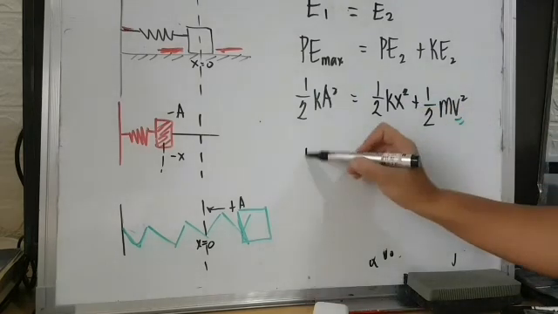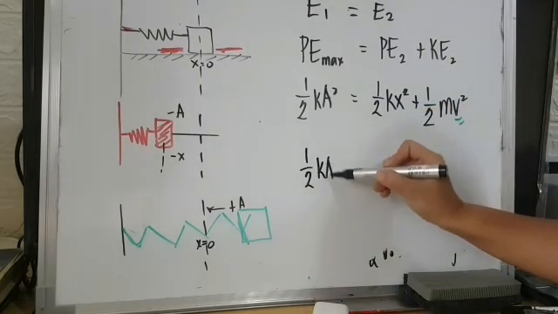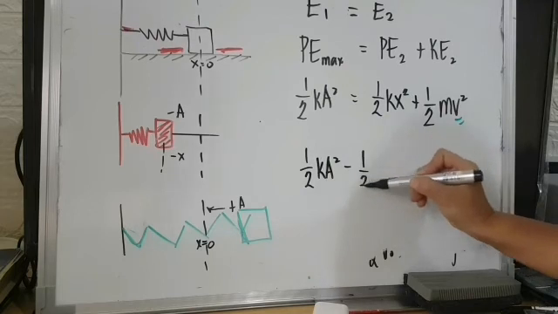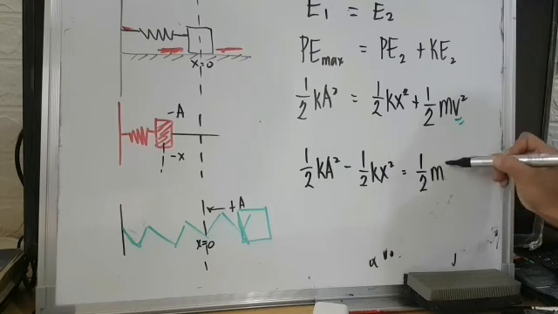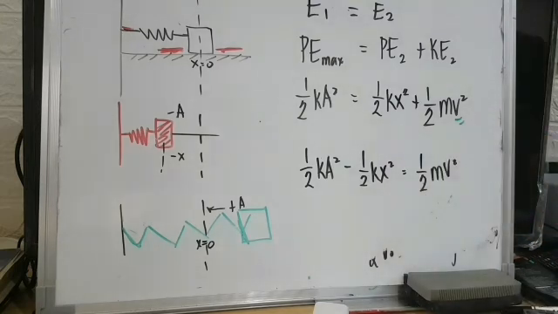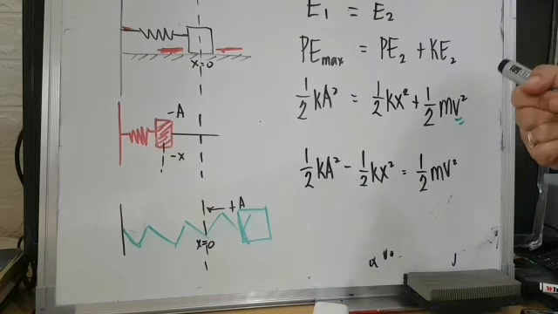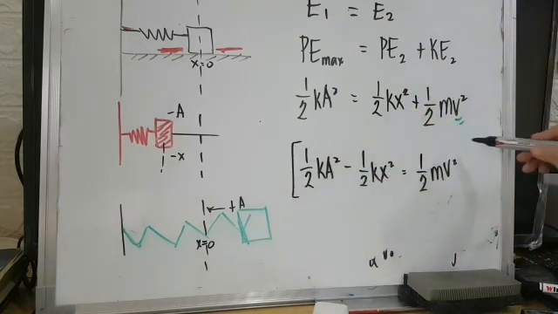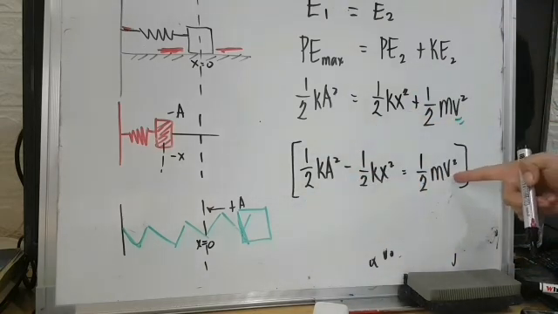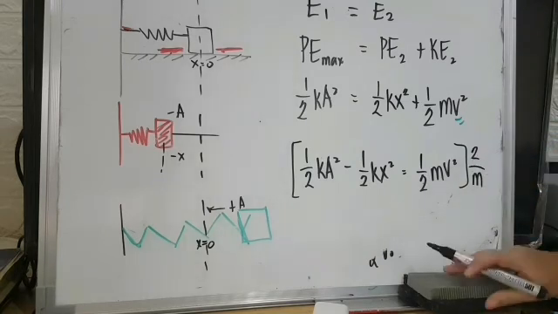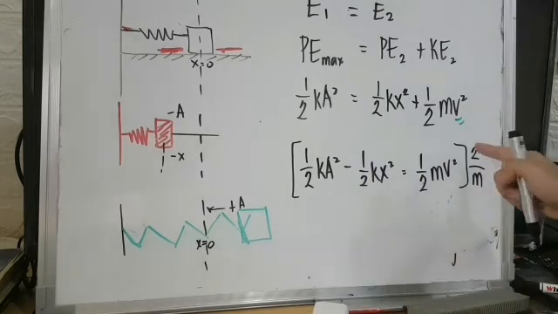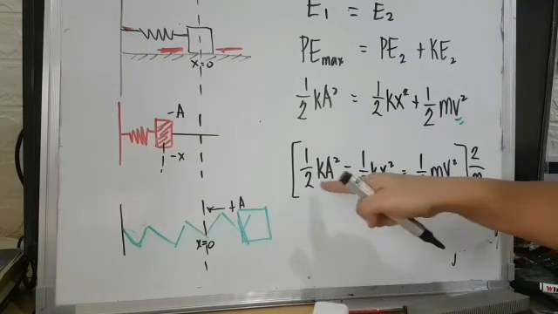We now have 1/2 kA squared minus 1/2 kx squared equals 1/2 mv squared. We can multiply everything by 2 and divide everything by m, so that we will only have v here. Since we multiply by 2, the 2 will be cancelled out.